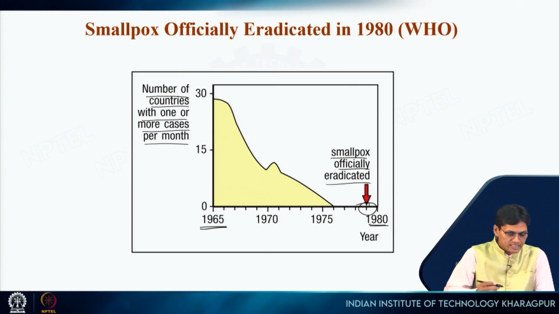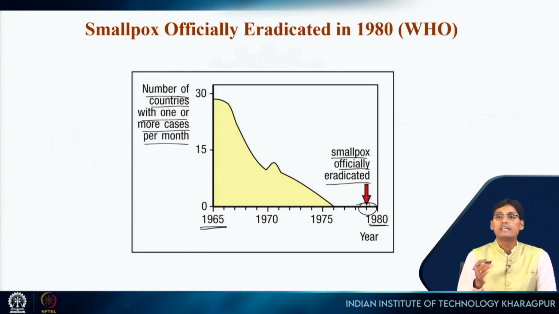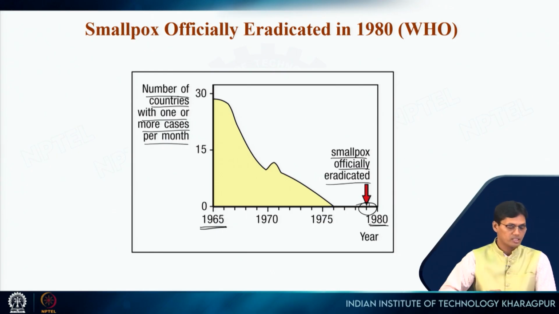In this case, I would like to mention that whatever stock of smallpox virus was there when WHO declared that it had been eradicated, all of it was destroyed or transferred to two WHO designated laboratories.